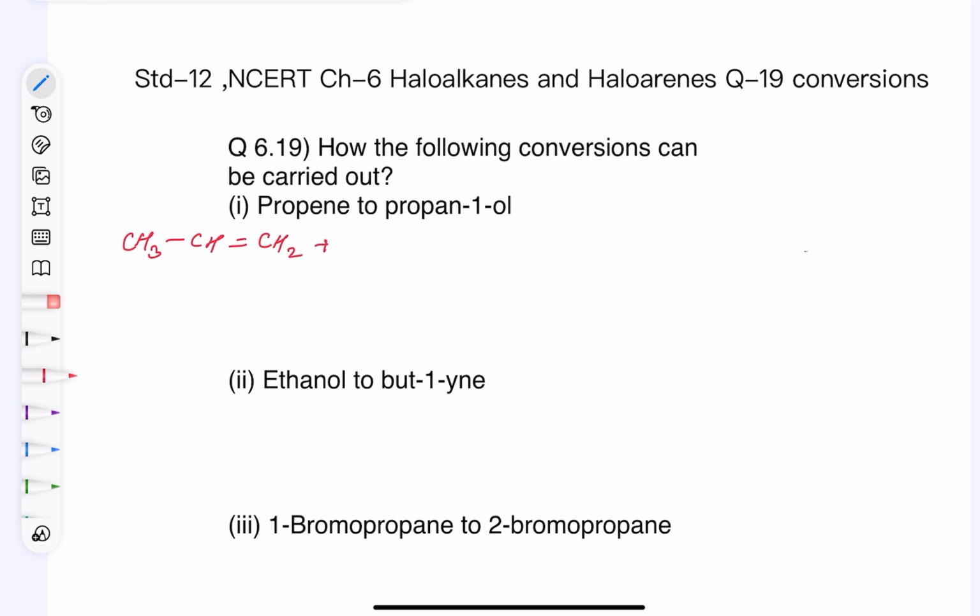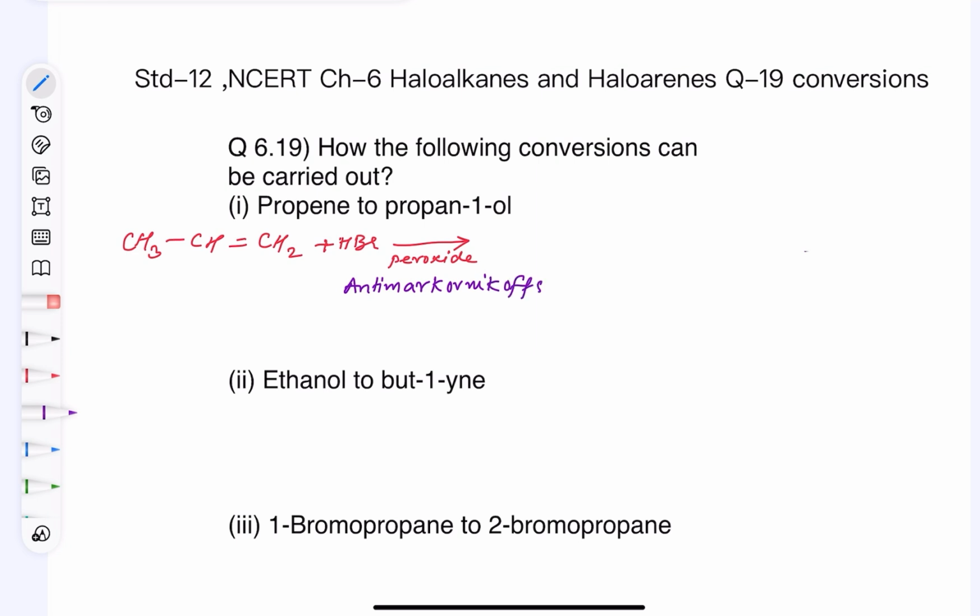Okay, now we first react it with HBr in the presence of peroxide. Now when we react it in the presence of peroxide, it should follow the anti-Markovnikov's rule.